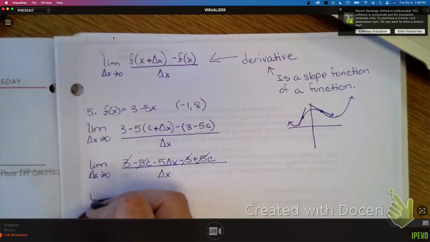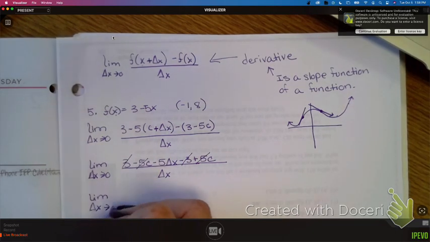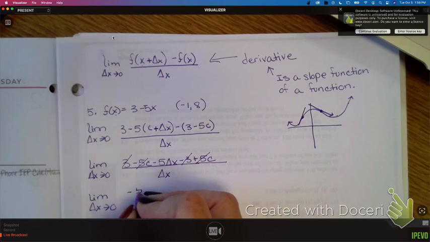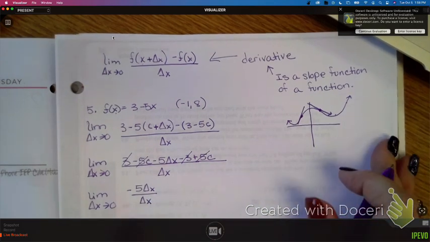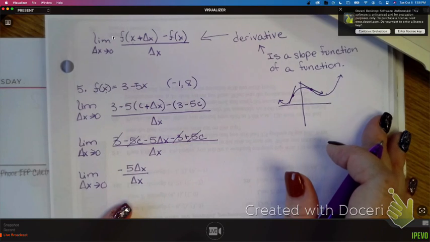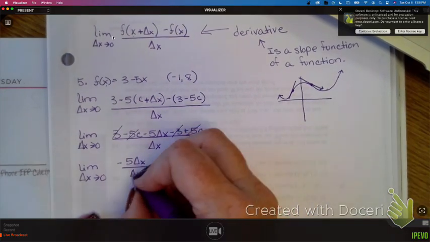So I'm left with the limit, as the change of x approaches 0, of -5 change of x over the change of x. Now, I do not have a quantity in the numerator any longer, so I can simplify as I wish, and the change of x is reduced.